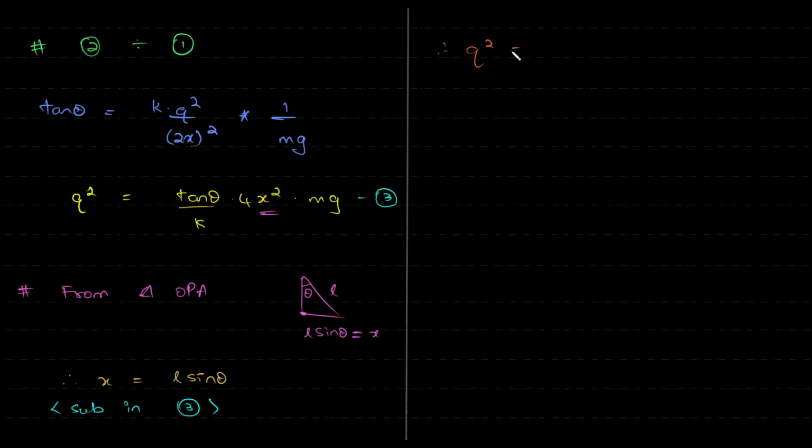Therefore, q square, again, all of this I'm doing by taking a natural flow. Nothing fancy. I'm just letting the math guide me. 4 pi epsilon naught. Is that the answer? I think so. It looks good. It's as simple as that.